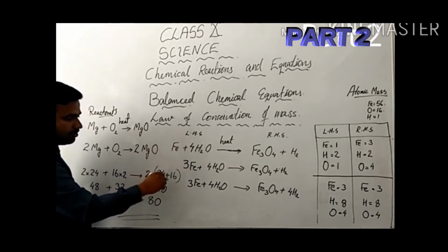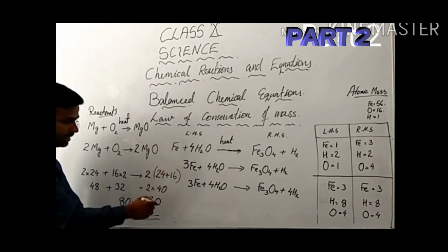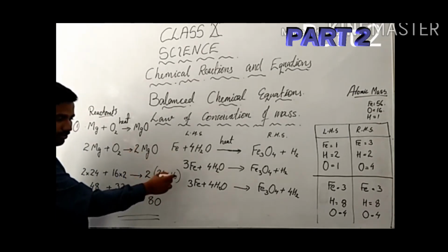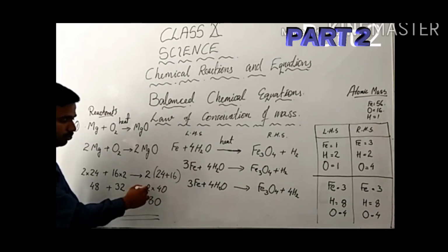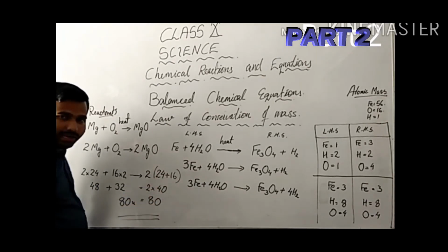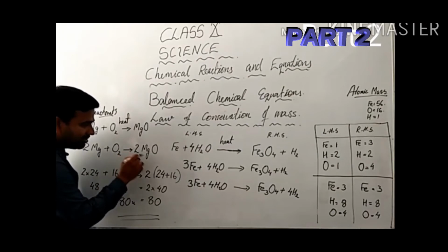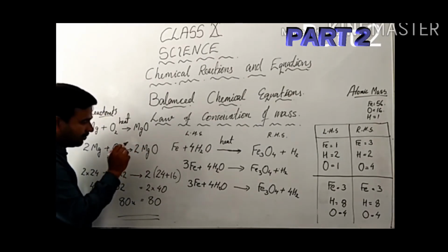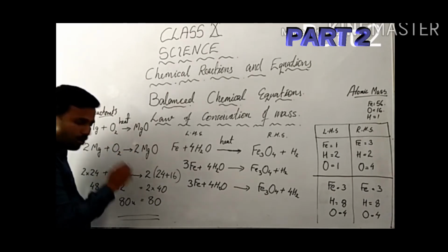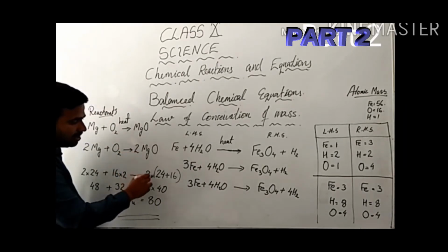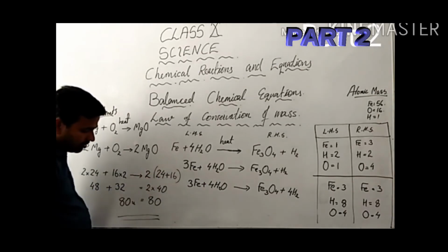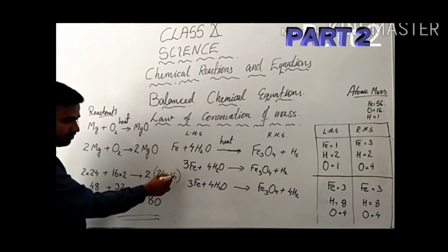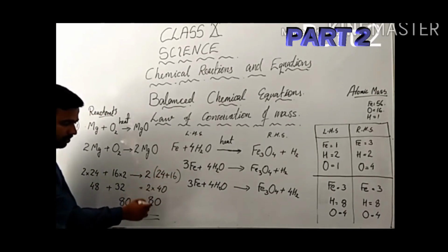So we will take 2 bracket 24 plus 16. 24 plus 16 becomes 40. So 2 into 40 becomes 80. This 2 is applicable for both magnesium and oxygen, so we need to take 2 as common and multiply with both 24 as well as 16. You will get 24 plus 16 is 40, and 2 into 40 you will get 80.